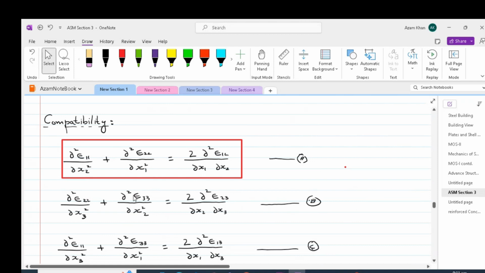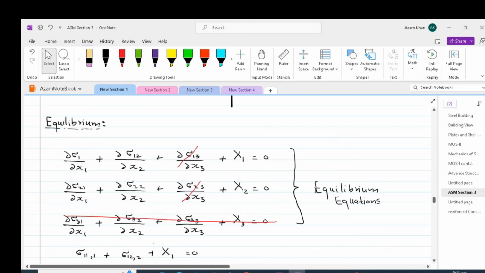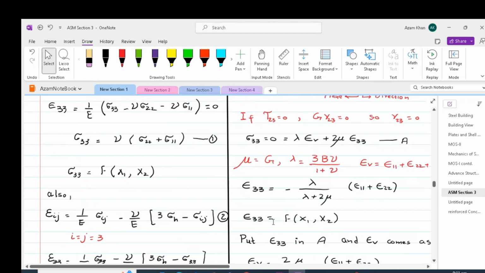The second term, epsilon 33, partially differentiated twice with respect to x2, is not 0 in the case of plane stress, and we make it forcefully 0. Why is this not equal to 0? As we discussed, epsilon 33 is a function of x1 and x2.